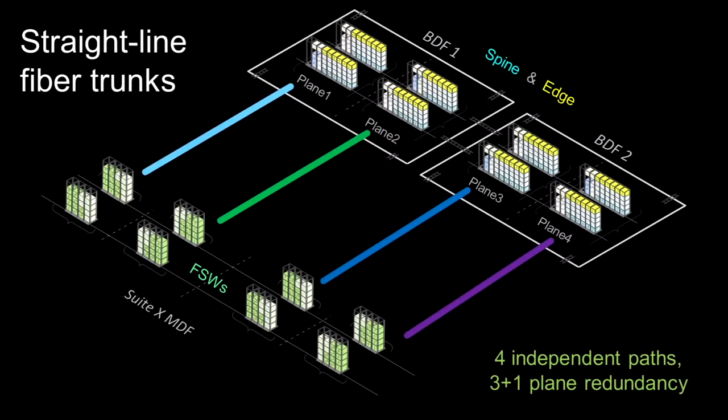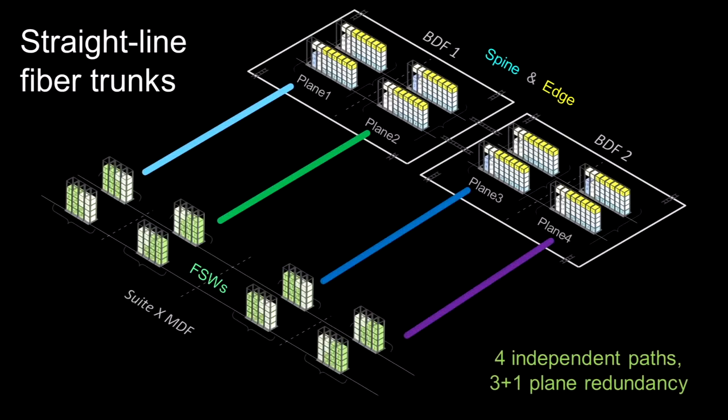That crazy web of interconnects inside the spine is actually not that crazy. Even though its scale is hundreds of thousands of fiber strands, they're aggregated in large fiber trunks that are pretty much straight line runs from the position where the Fabric switches sit to the position where the spine switches sit. We put spine switches in special rooms in the center of our data center called BDFs.